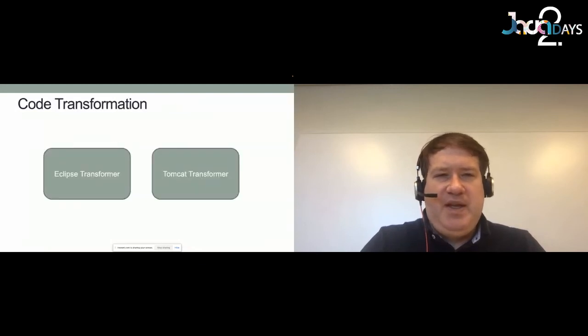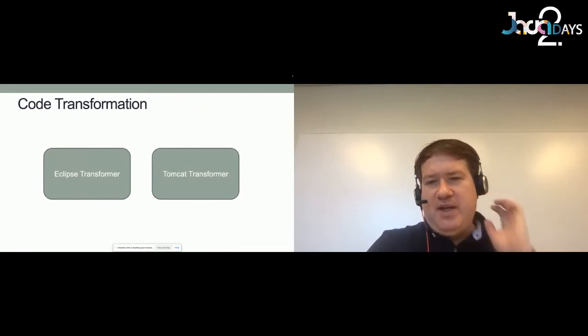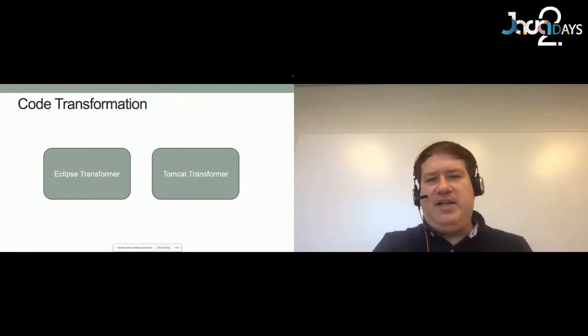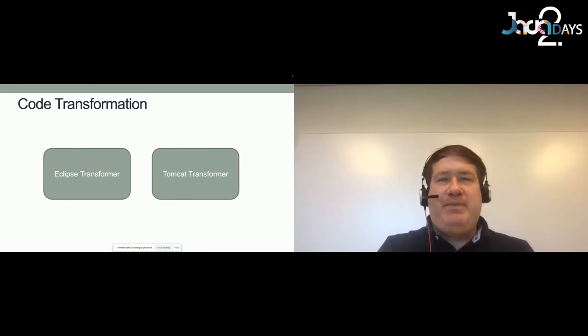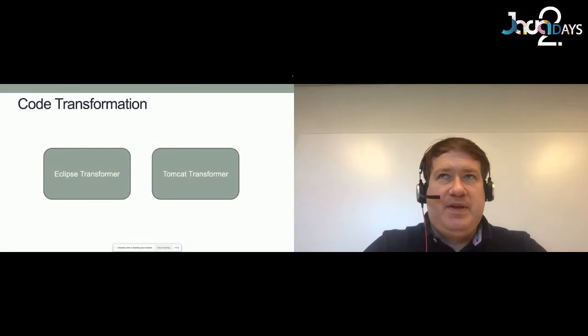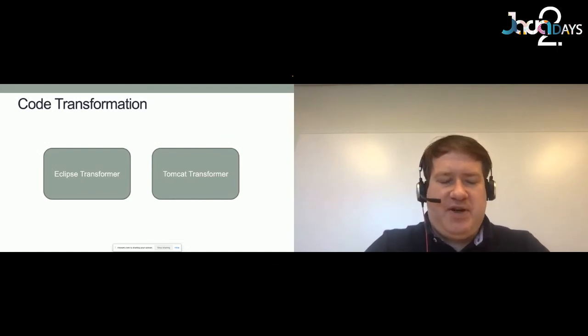Okay. And so that's the code transformation. If you're doing the code transformation, you're going to use your IDE to quickly go through and change all of your imports. You're then going to go through all of your Maven dependencies and upgrade those to work with the Jakarta EE9 release, and deal with the fact that there's no unified way to identify which dependency is for which version of Jakarta.